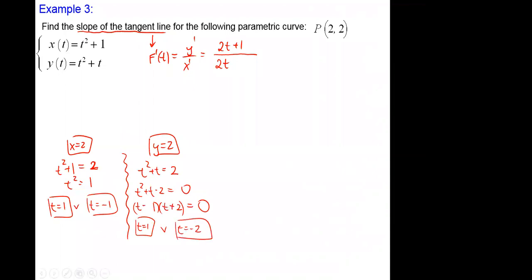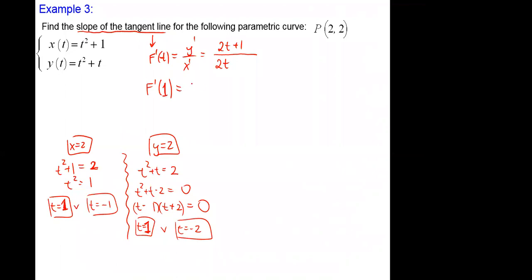We can see negative 1 will give me x equals 2, but t equals negative 1 will not give me y equals 2. I have to have the same parameter, because t equals 1 will give me my corresponding point (2, 2). That means t is 1.